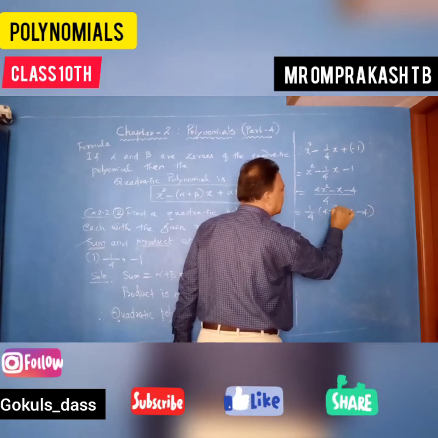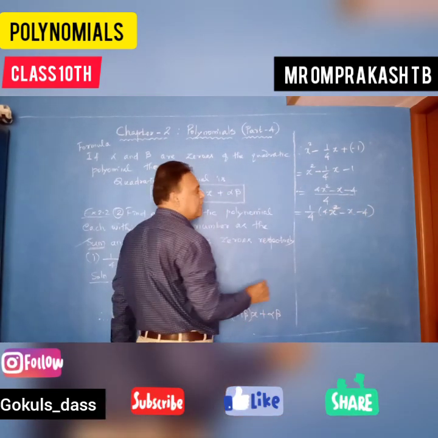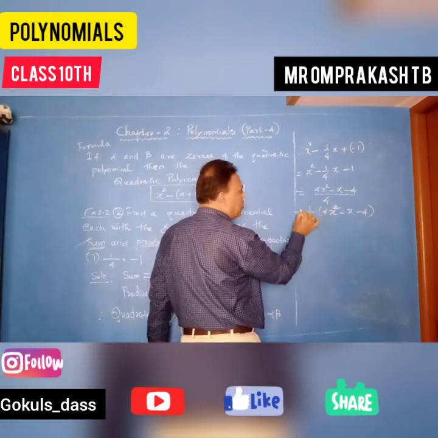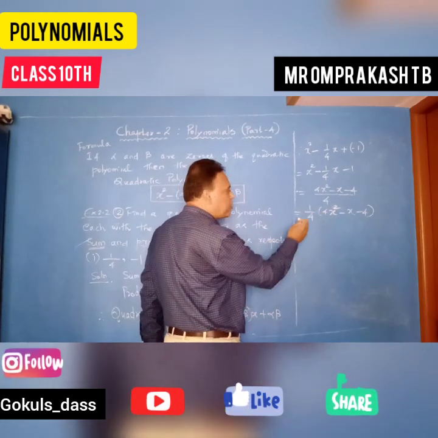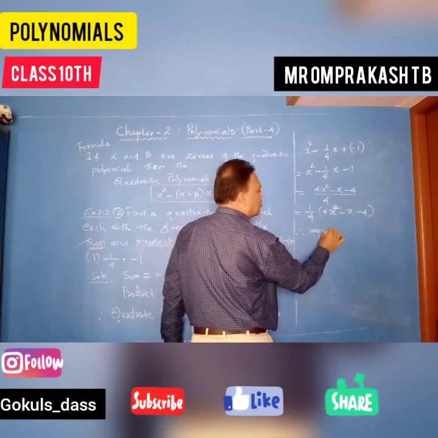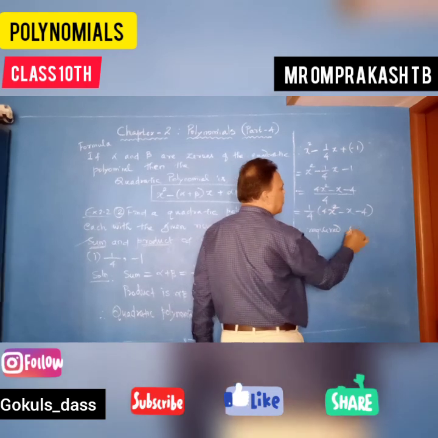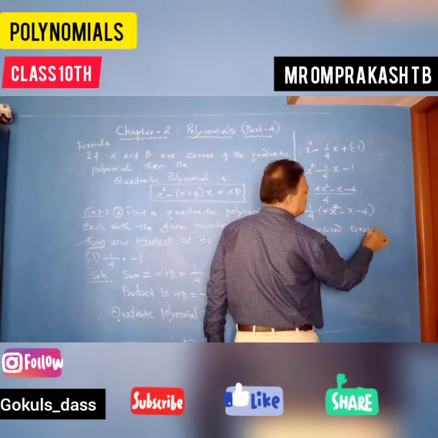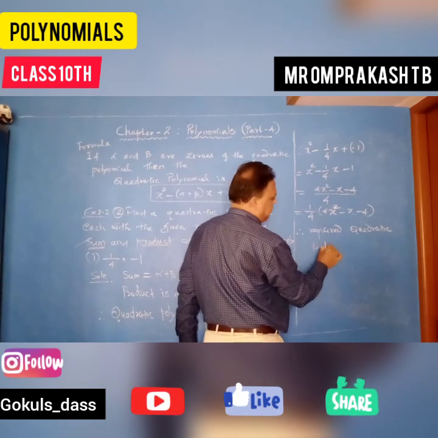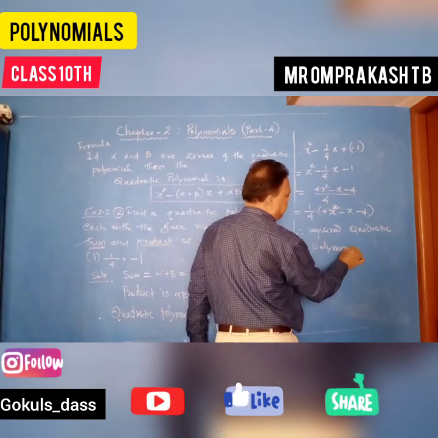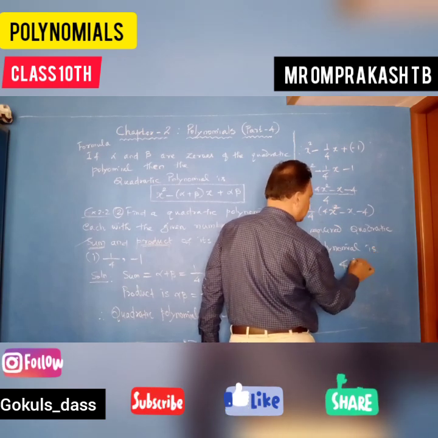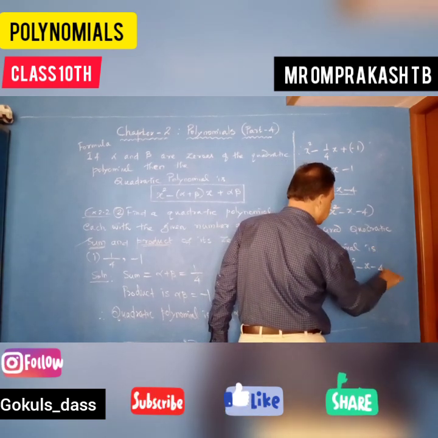This 1 by 4 is a scalar, so you can ignore it. Therefore the required quadratic polynomial is 4x squared minus x minus 4. That's all.